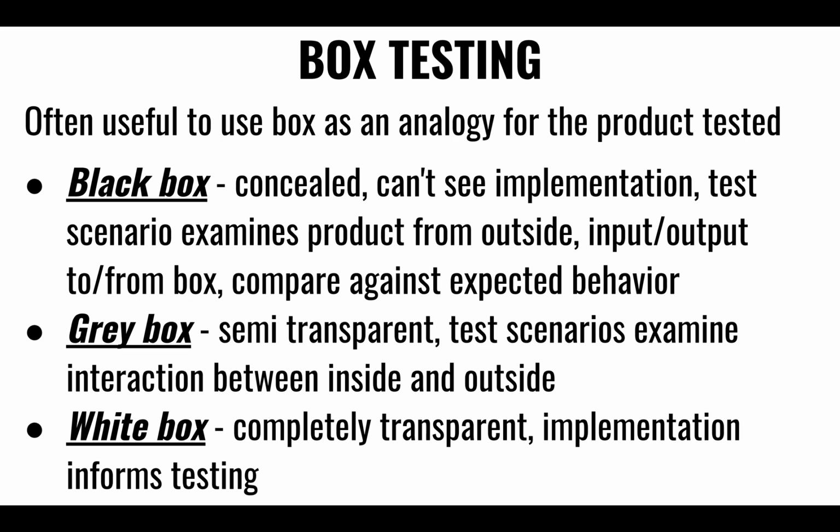We consider the feature itself to be some kind of box, and depending on how much access we have to the internal workings of this box, there are different strategies that we might use to test it. Very much like what we already talked about.